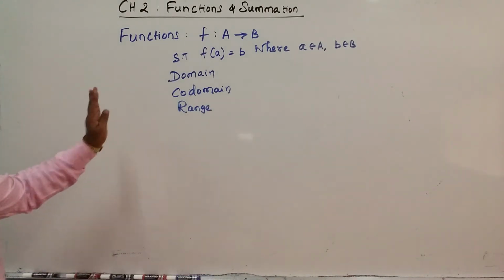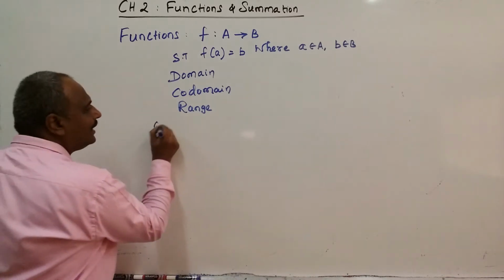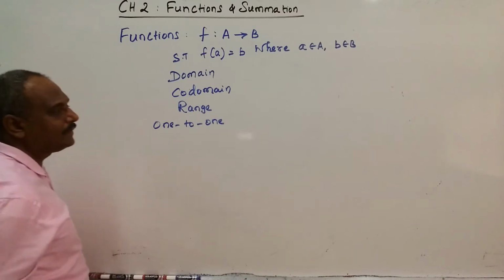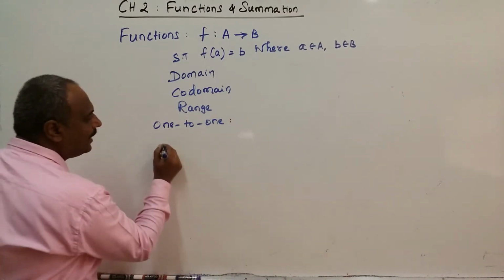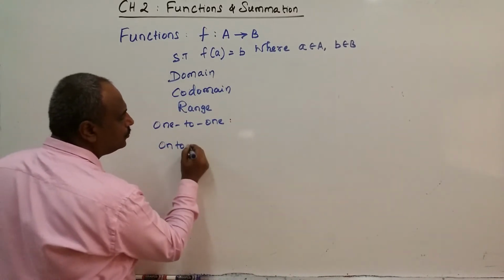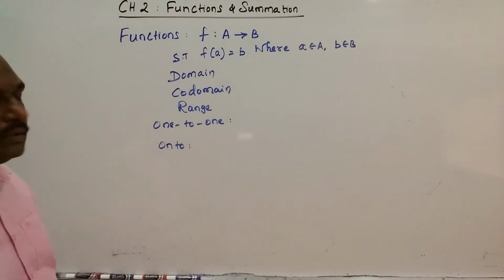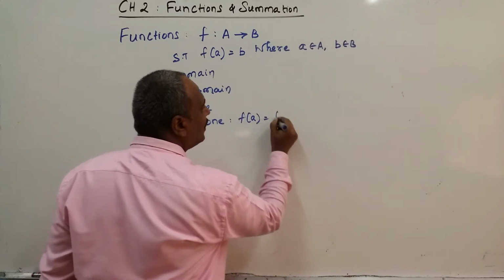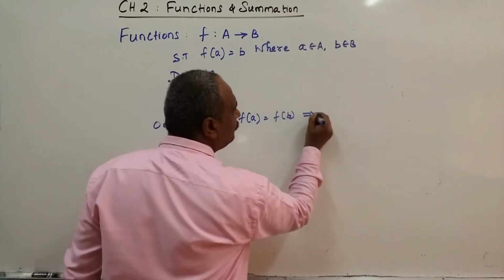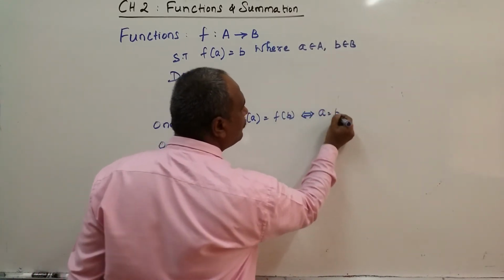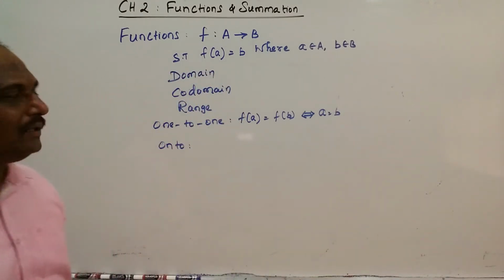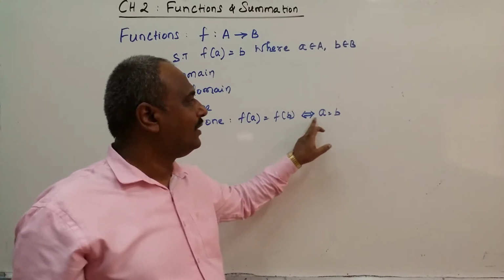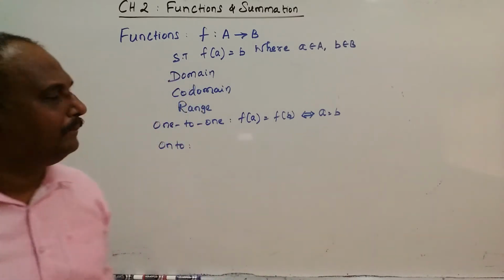We also defined the types of function. We said that we have one-to-one function and onto function. For one-to-one function, we said f(a) = f(b) if and only if a = b.